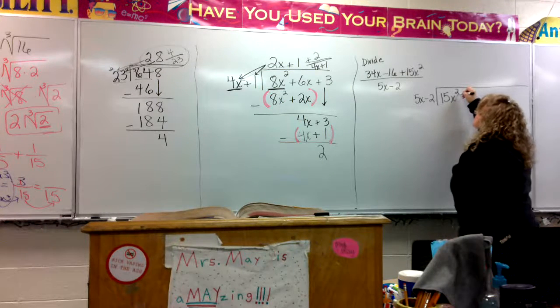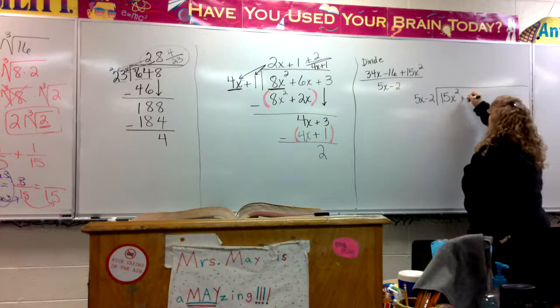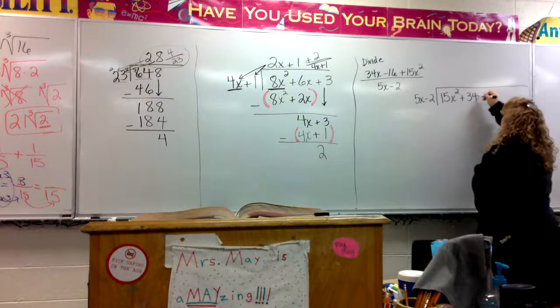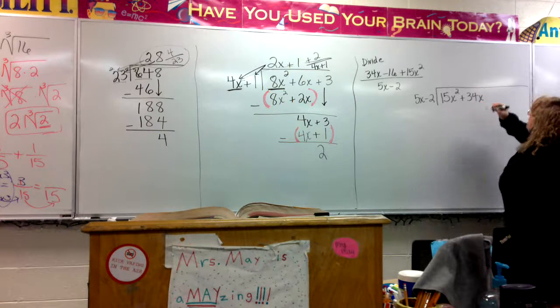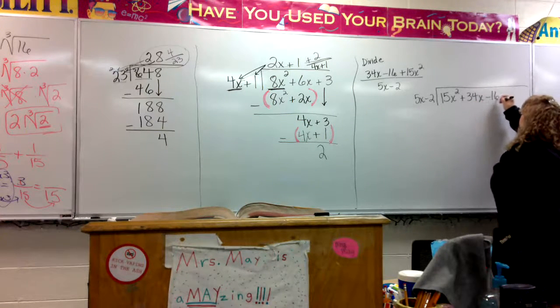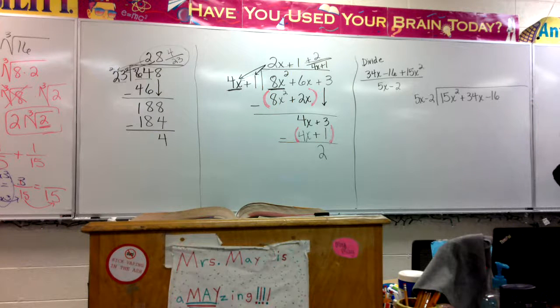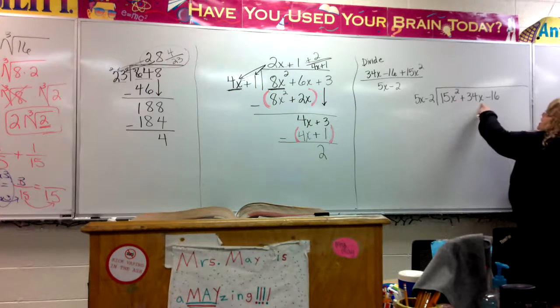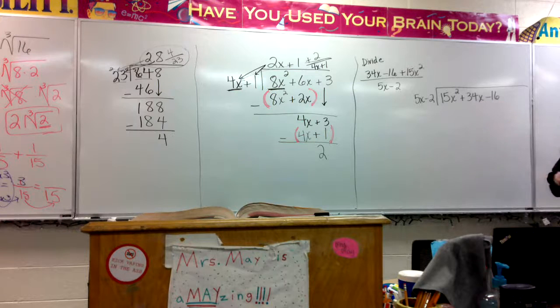Then what? And it's a positive, so put a 34 plus 34x, and then last, the minus 16. Do you see that? X to the second, x to the first, x to the 0. Make sense?